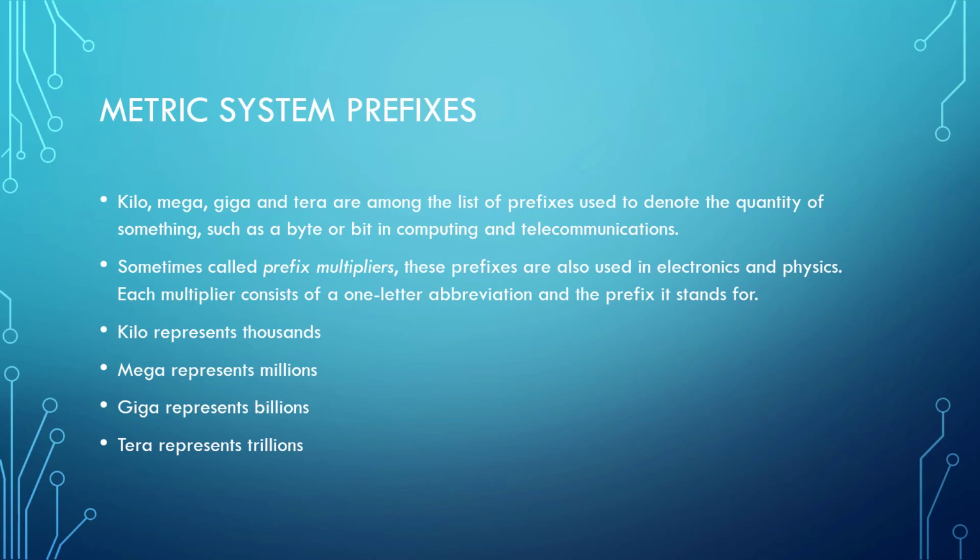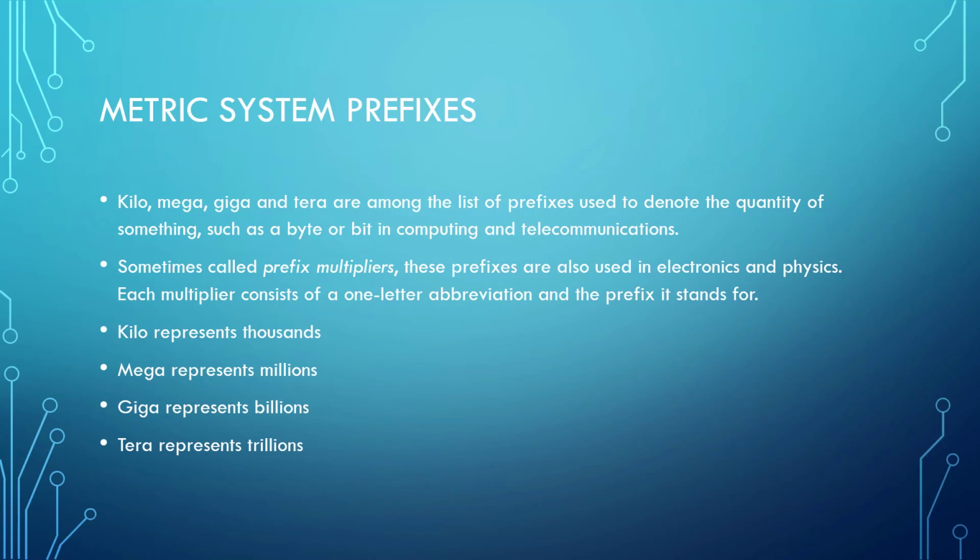So kilo represents thousands, but it's represented with a capital K. You may have 15 KB, with the B being a capital letter B. What that would mean is 15 kilobytes. Kilo is thousand, so we know that would be 15,000 bytes.